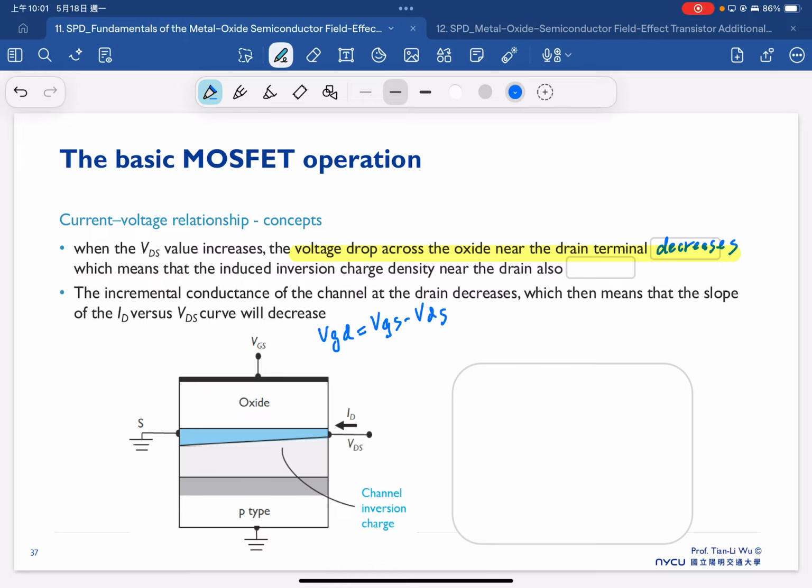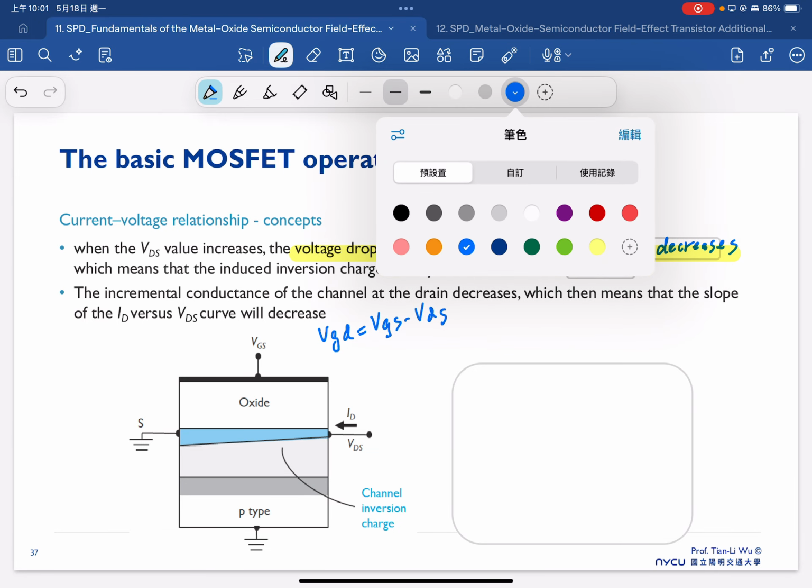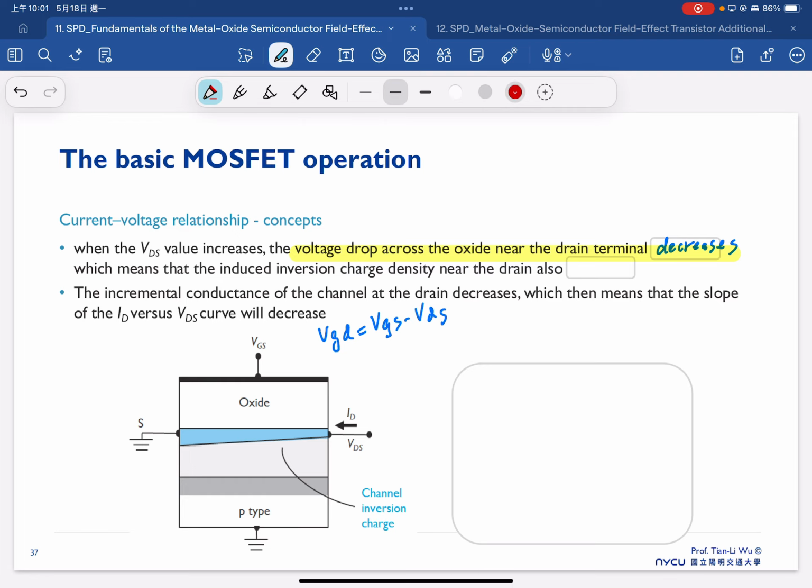So now we continue to increase our drain bias, which means VDS increases. Based on this simple formula, VGD decreases.